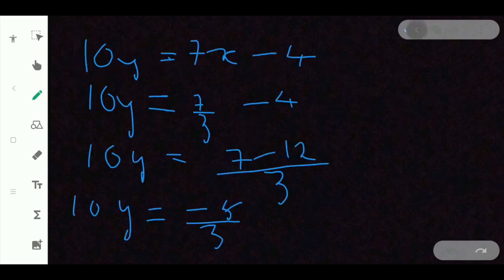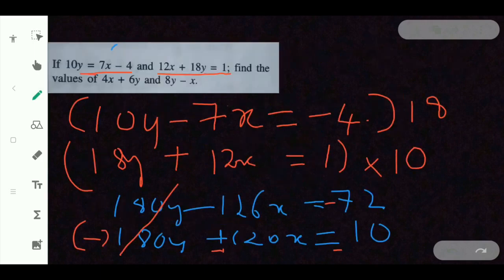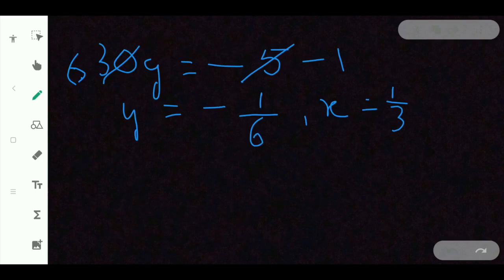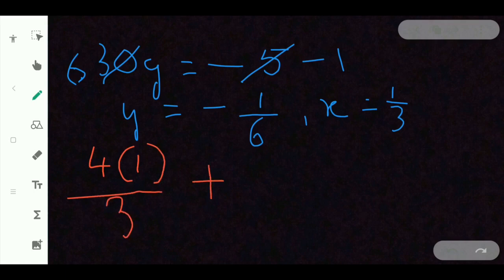So now what they asked in the question is 4x plus 6y. 4 into 1 by 3 plus 6y, 6 into minus 1 by 6.